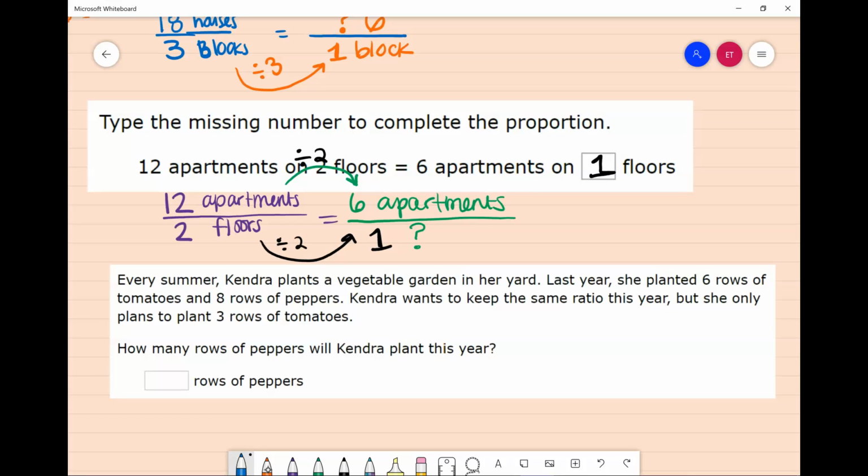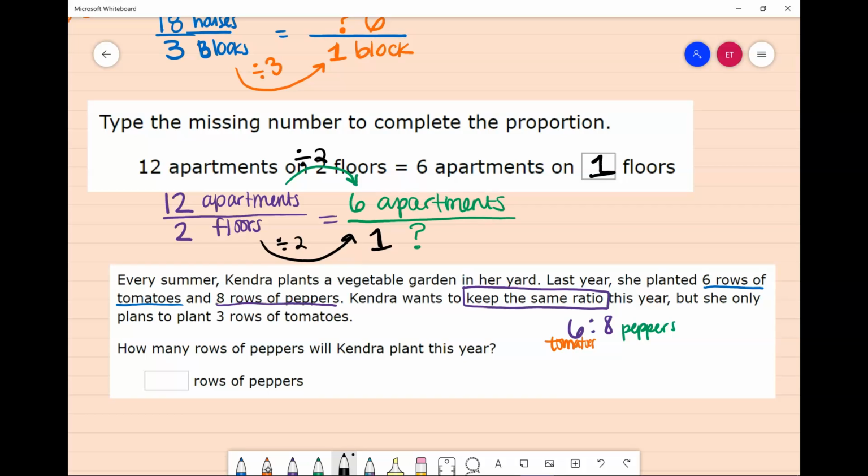All right, so I need to find my first ratio. My first ratio is going to be 6 rows of tomatoes, and it's also going to be 8 rows of peppers because we need to keep the same ratio. 6 to 8: 6 tomatoes and 8 peppers.